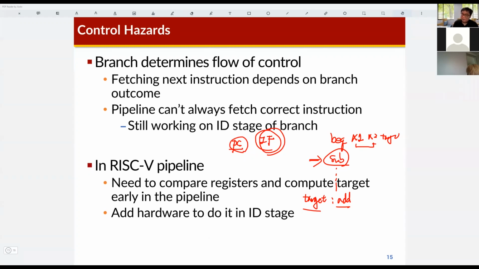Actually the processor does not know the result of this branch instruction. So the processor needs to wait until the result of the branch instruction is resolved, and this is called the control hazard. We will learn more about the control hazard later, not in today's class.